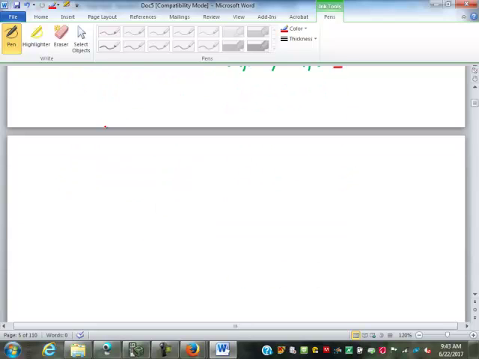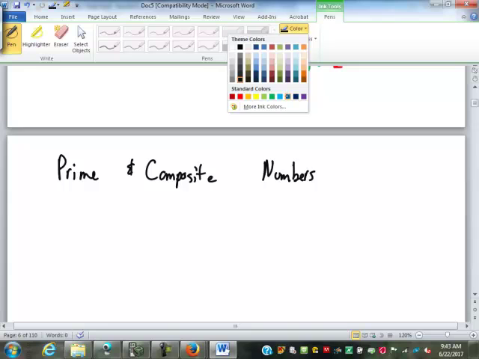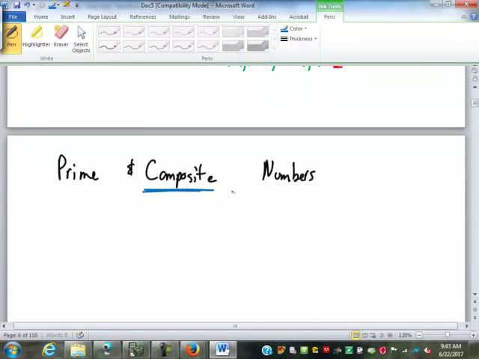So before we move on to the next divisibility rule, I want to talk about something called prime and composite as it applies to numbers. The word composite means something made up of smaller components.